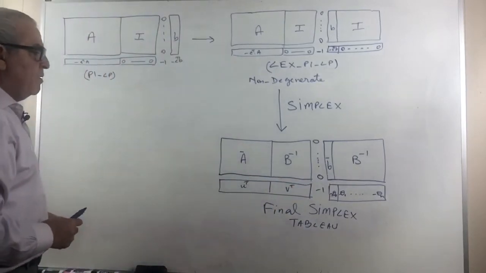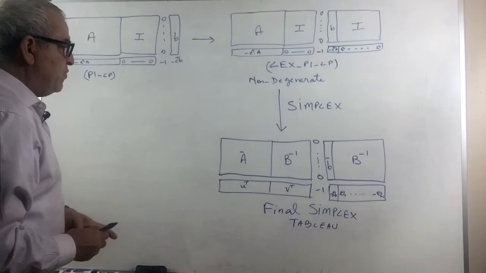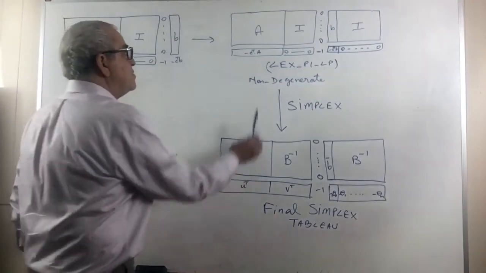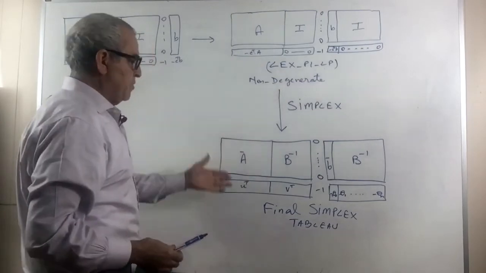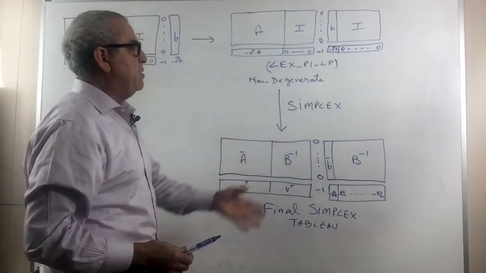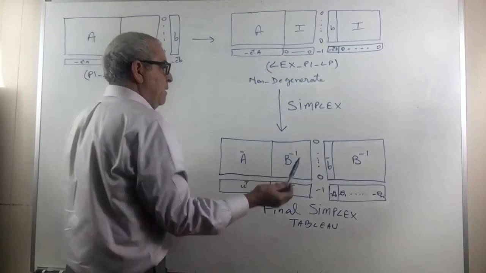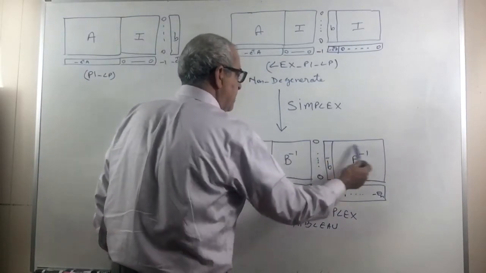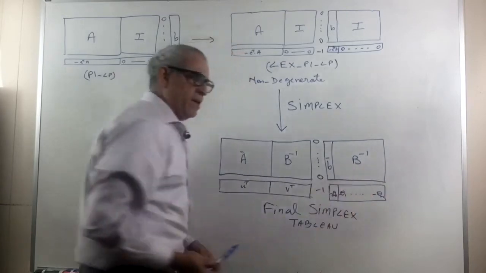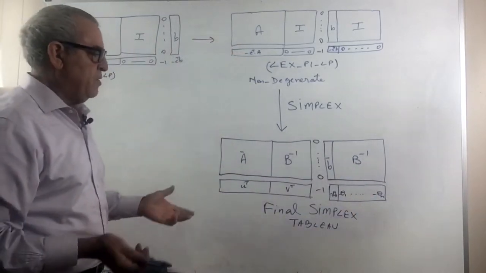Okay, so this final simplex tableau is the final simplex tableau of the lexicographic P1 LP. It's also the final simplex tableau for the epsilon LP. And there, to determine for what epsilon, we just look here in each row. Each row defines a polynomial in epsilon, and we find the positive roots.